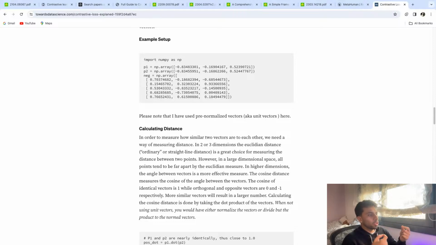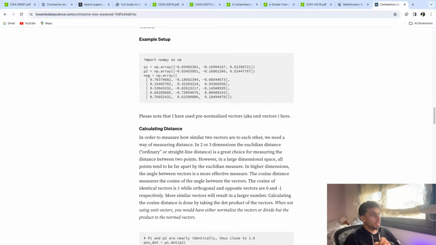In higher dimensions, the angle between the vectors is a more effective measure. So if we have 2 or 3 dimensions, Euclidean distance is going to be okay. If we have high dimensions, we basically need to measure by angles. The cosine distance measures the cosine of the angle between the vectors.